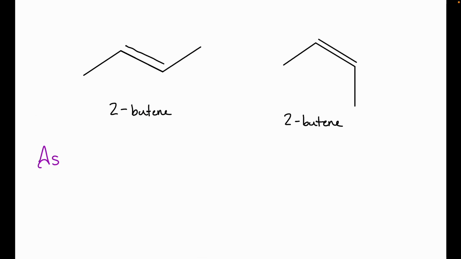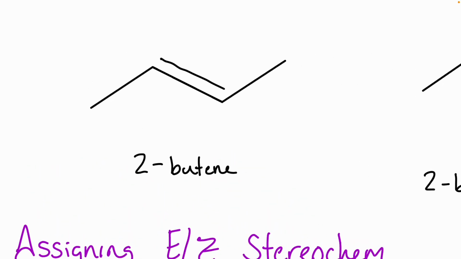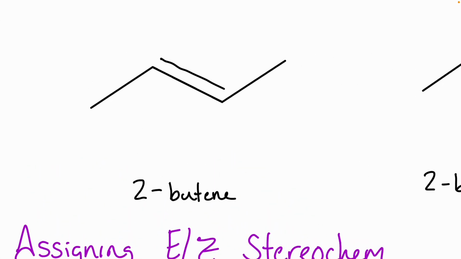Okay, so we'll just make some rules here. Assigning EZ stereochem. And step 1 is we're going to chop at that double bond. So I'm going to take my double bond here. Let me move this down. And I'm going to chop it in half.